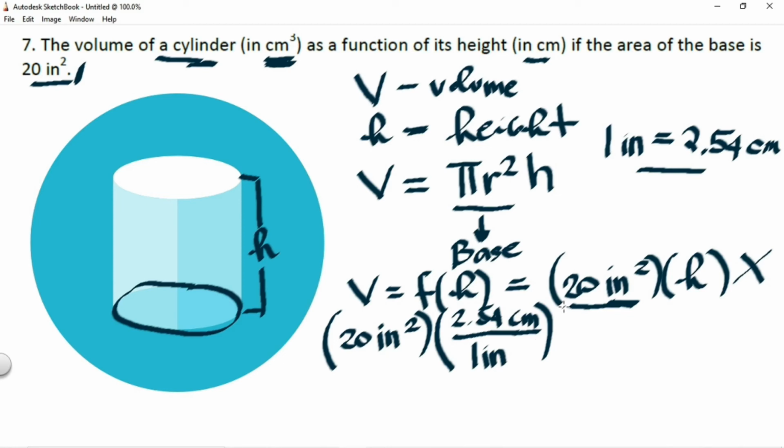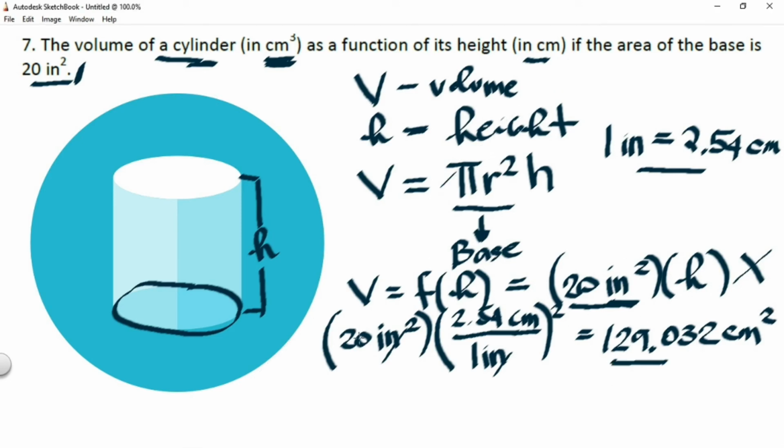And then don't forget this conversion factor to be raised to 2, so that centimeters raised to 2 will come out. So we are able to cancel this one, and the answer will be equal to 129.032 centimeters raised to 2. This will be our new constant.